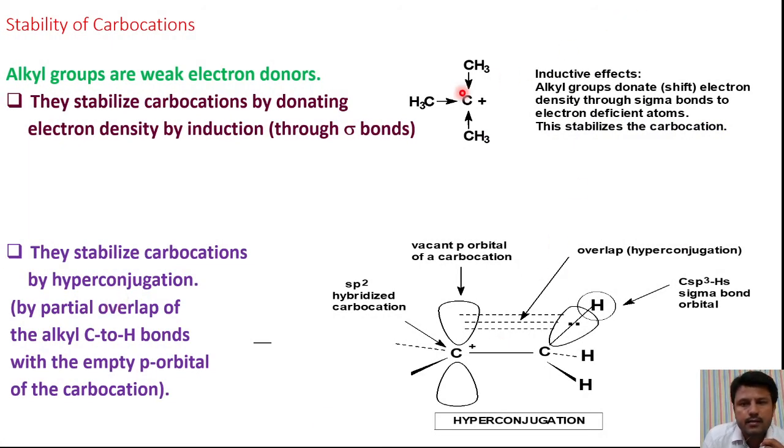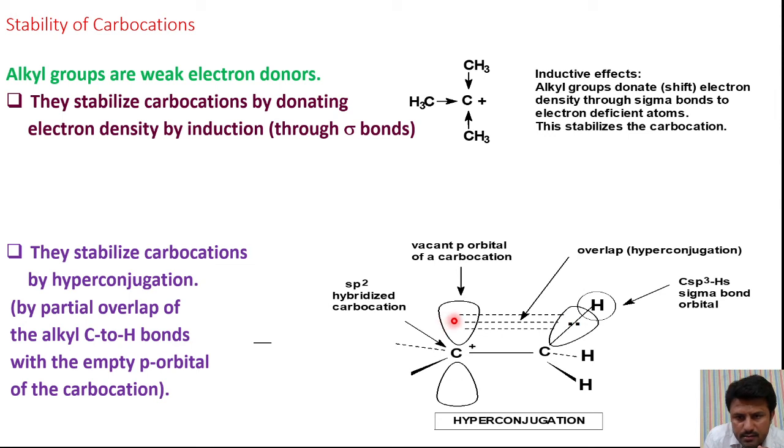This carbocation can be stabilized for two reasons: one is the inductive effect, the second is hyperconjugation. In the inductive effect, these methyl groups donate sigma electrons towards this electron-deficient carbon, so the carbon's deficiency decreases and it is stabilized due to the inductive effect.